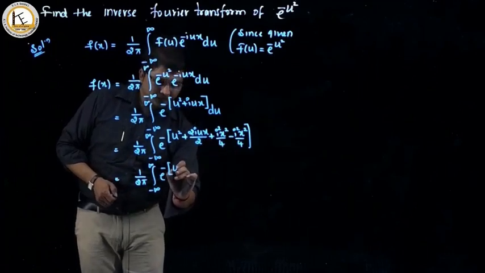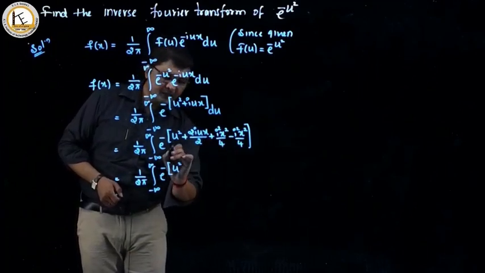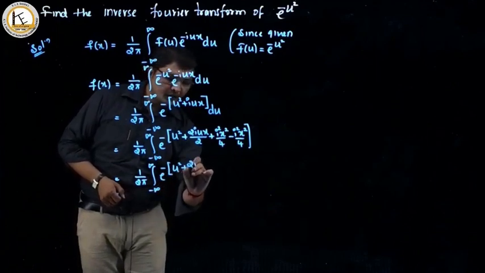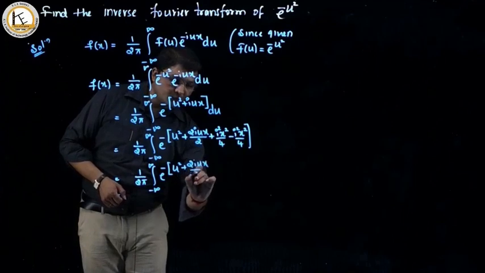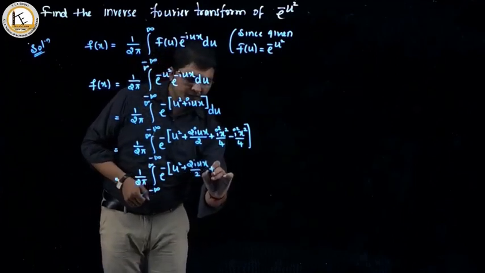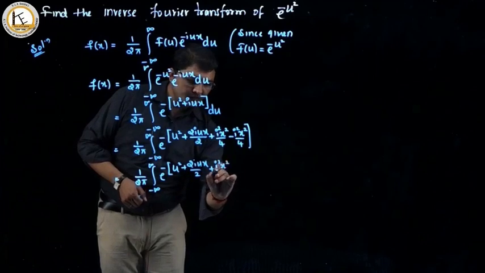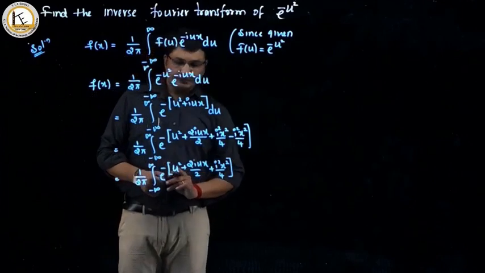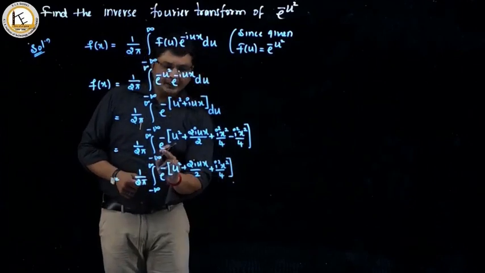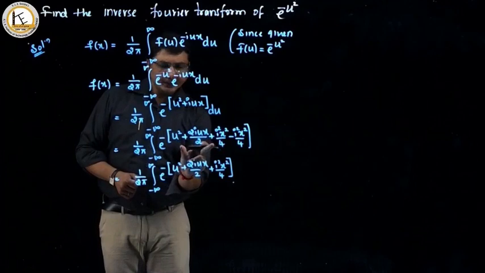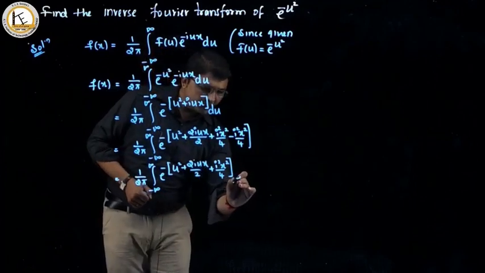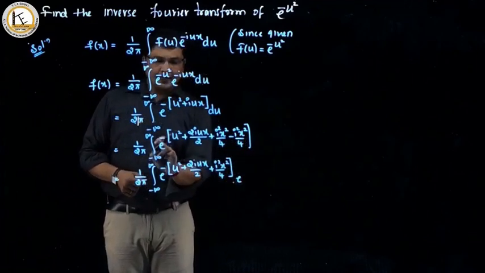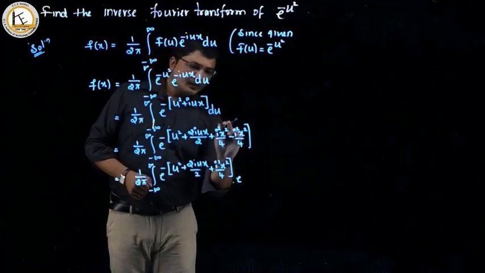So simplifying further, it is 1 upon 2 pi integral minus infinity to plus infinity e raised to minus, u square plus 2iux divided by 2 plus i square x square by 4.